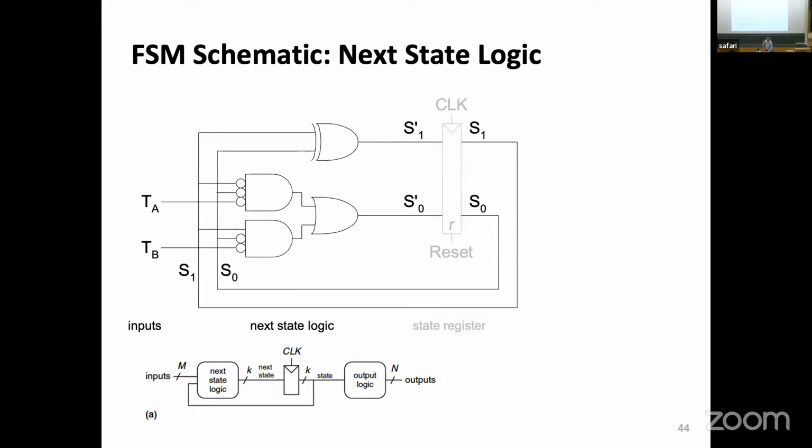Then the next state logic. Well, my circuit is still here. This is my next state logic. So we are doing this part here. And I have my two inputs. I did the Boolean logic minimization kind of thing. Remember, I had my things. And out of this, this was the equation for next state 0, and the other one was for next state 1.